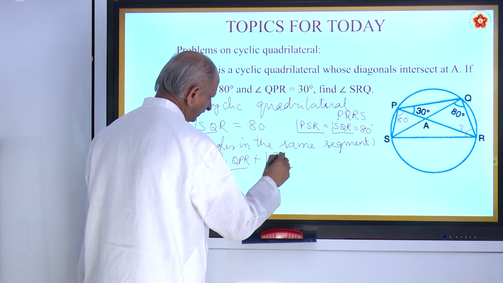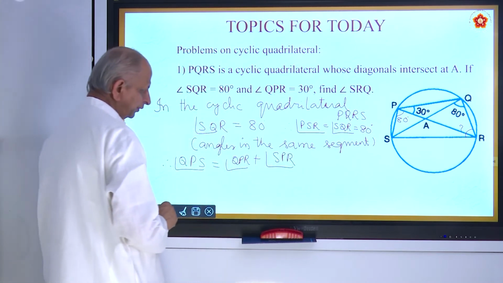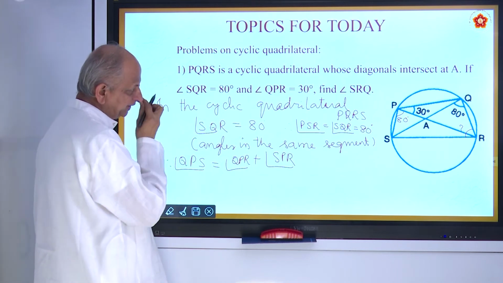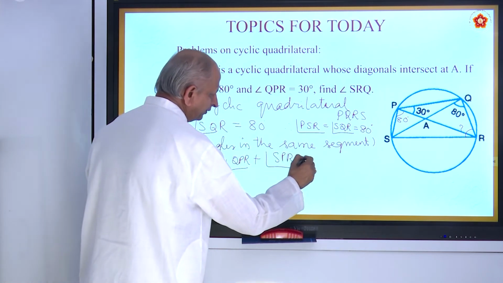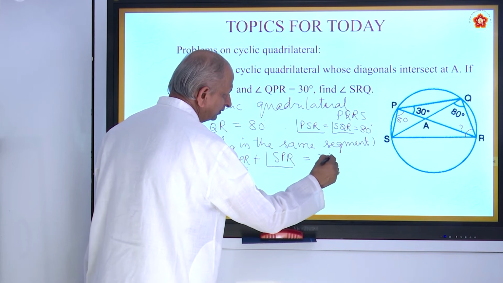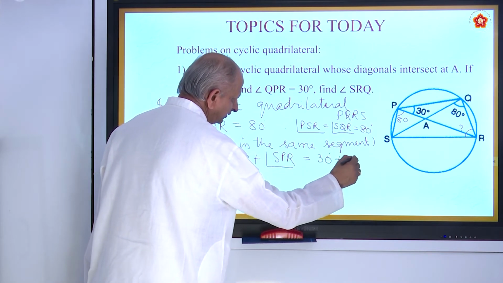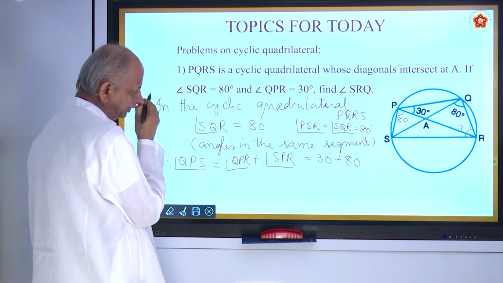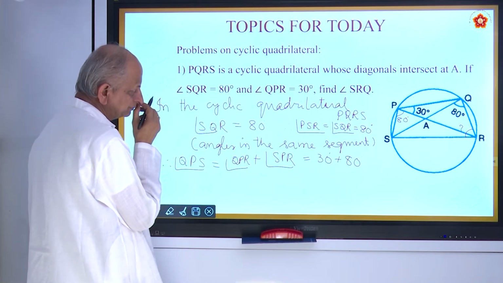See the figure correctly. What is QPR? 30. What is SPR? Just now you wrote it as SPR is equal to 80 degrees.